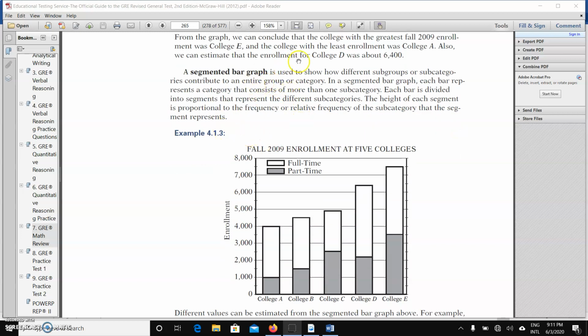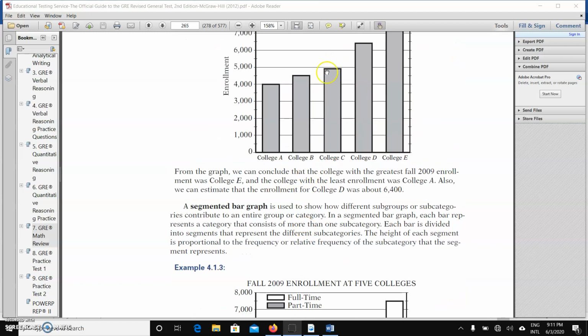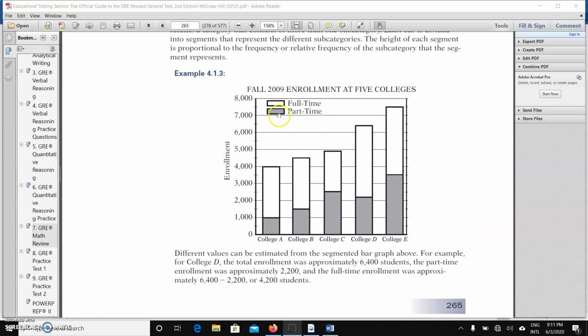I want to show you another type of graph, a bar graph, and this one is segmented. This one is not segmented. It's a normal bar chart, a straightforward one. But this one is segmented, and based on this graph, still using the fall 2009 enrollment at 5 colleges again, you're still using the same example, but here there's a partition.